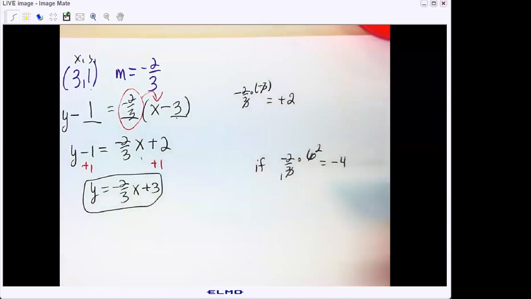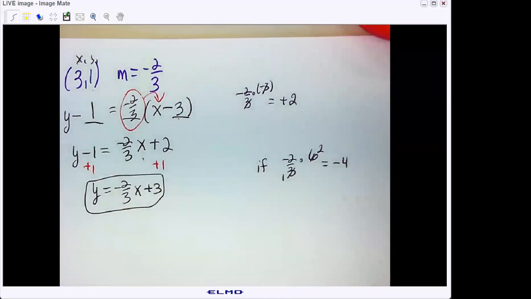So you would have had a negative 4 over here. But all the ones that I would give you will be nice like that. I'm not going to give you any that won't be nice. Now, in Algebra 2, they'll expect you to be able to do some that are not nice numbers. Okay, but that's not my intent right now.